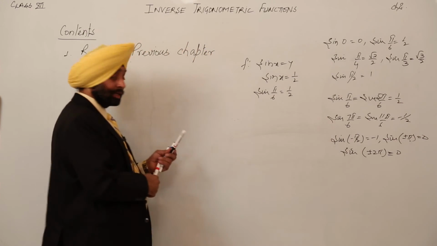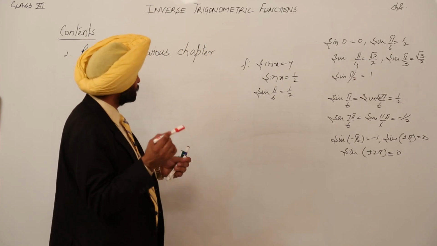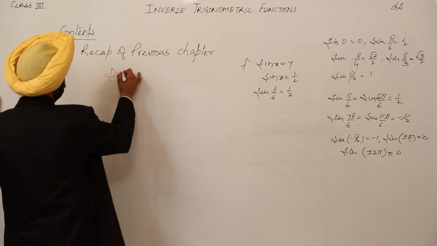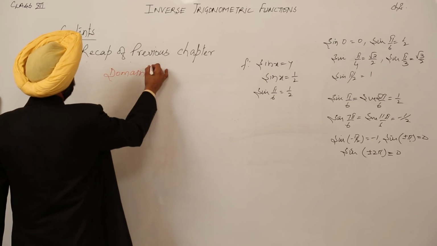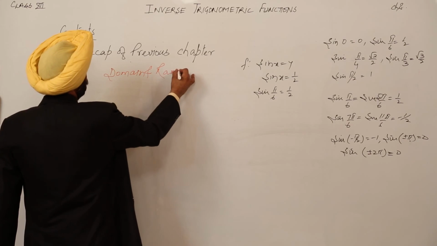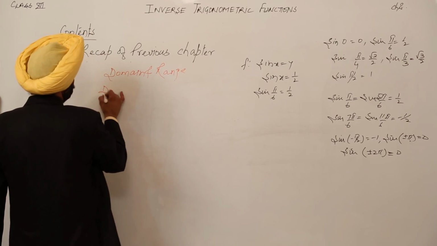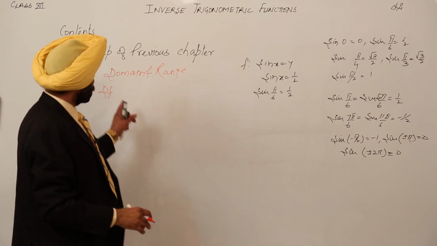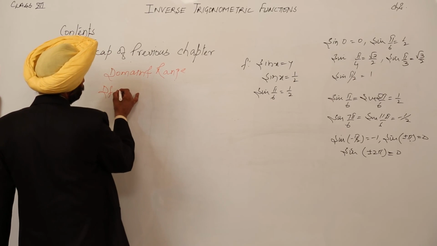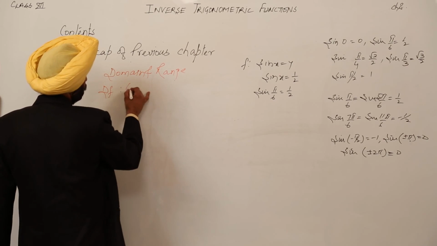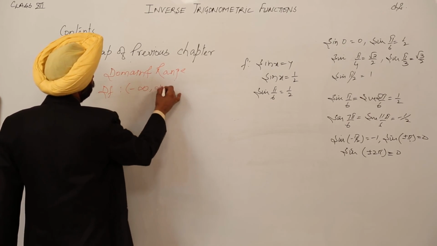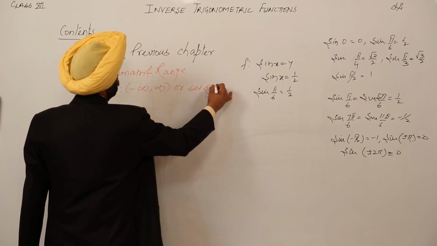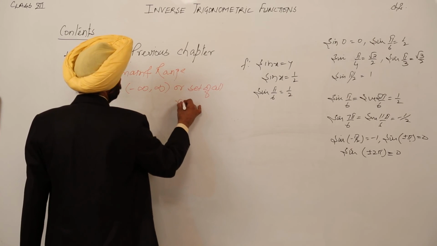Now a small recap of a nice term again: domain and range. What is the domain of a function? The function is sin x. The domain was given as minus infinity to infinity, or the set of all real numbers.